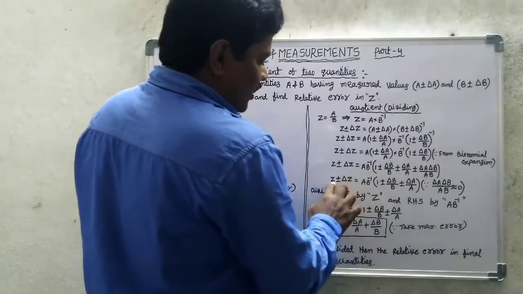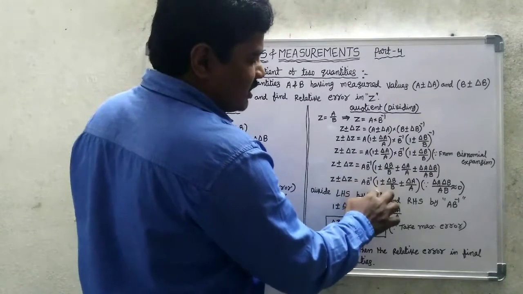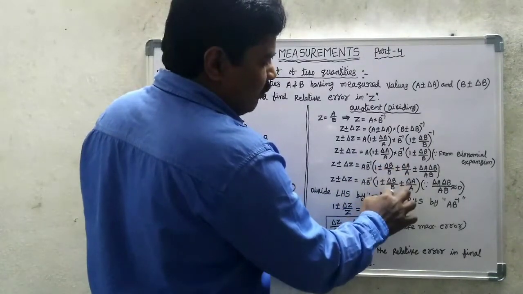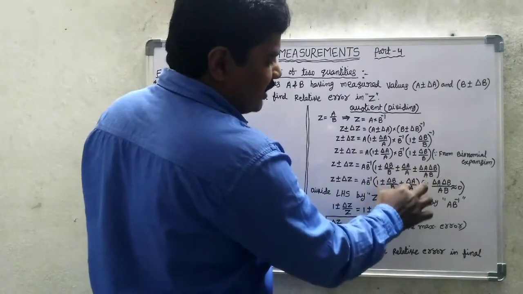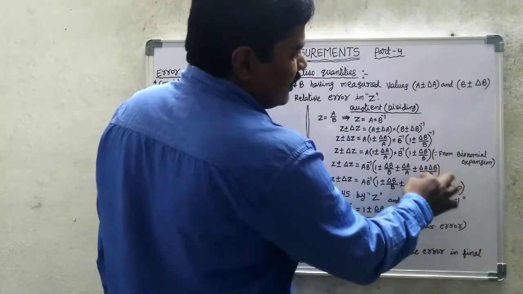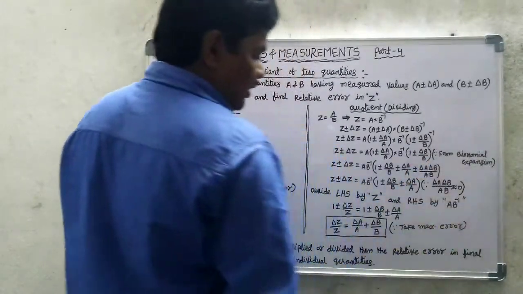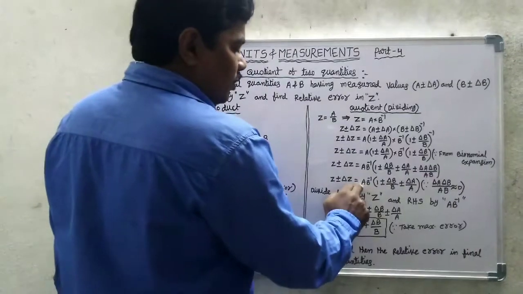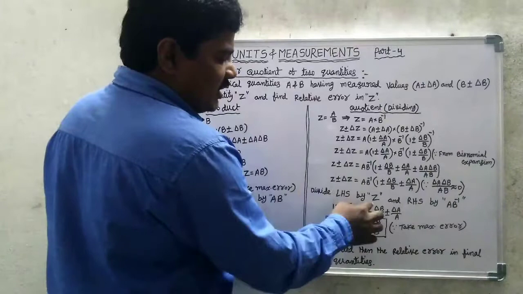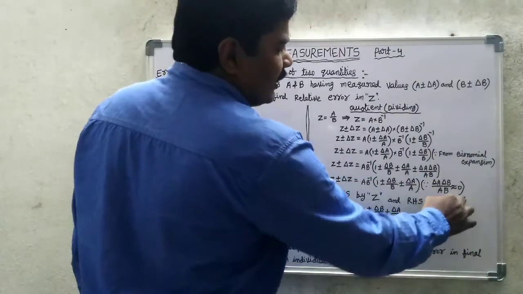Next we get Z plus or minus delta Z is equal to A B inverse into 1 plus or minus delta B by B plus or minus delta A by A. Here this term is approximately equal to 0, so we neglect that one. Now divide LHS by Z and RHS by A B inverse.